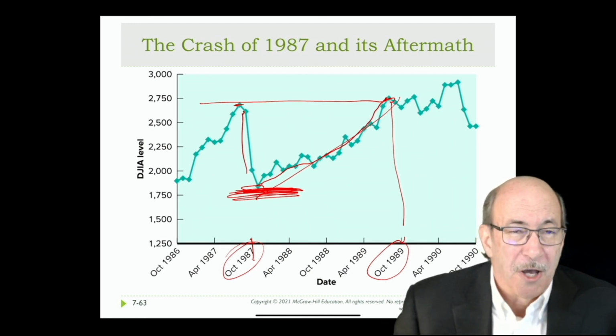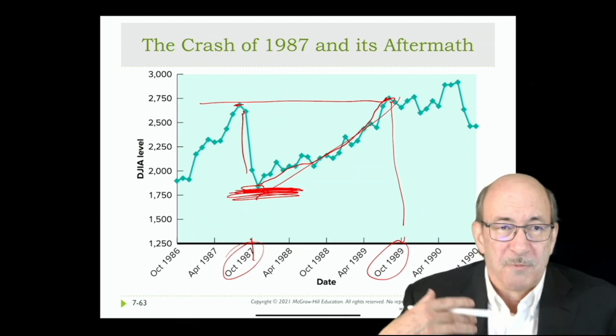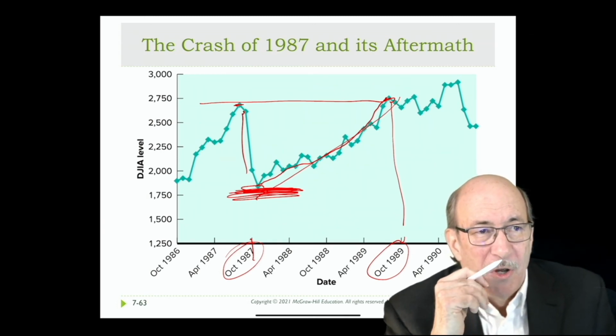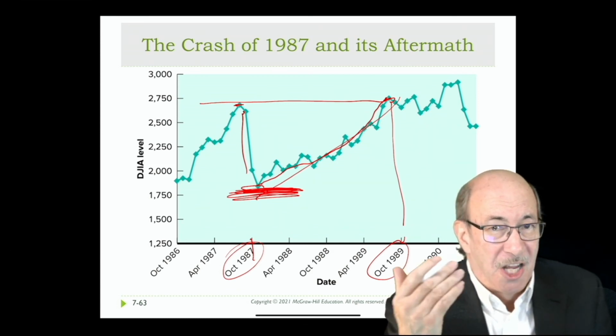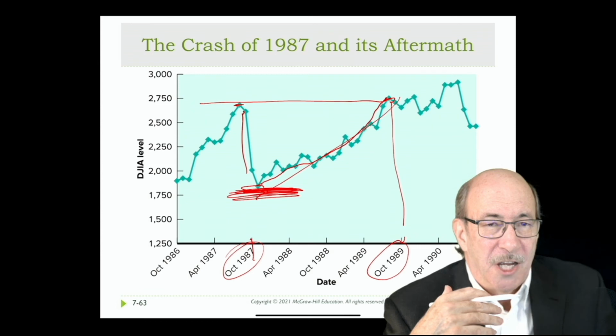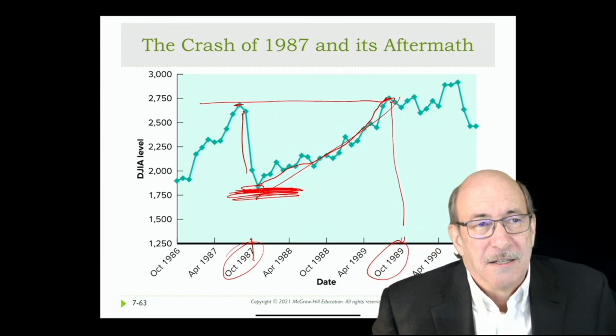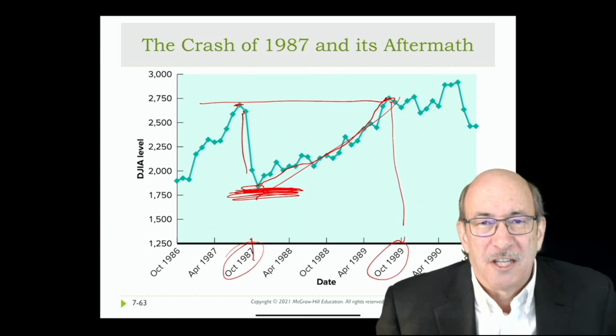So the other thing about bubbles and crashes that we can observe in the data is that while they feel like the world is ending, we should probably try to temper ourselves and disconnect from that emotional response and say, yeah, I'm going to look at this as a buying opportunity.